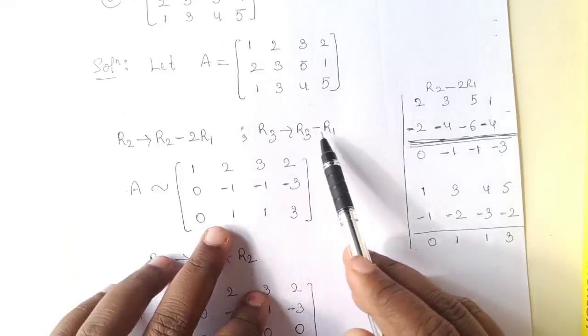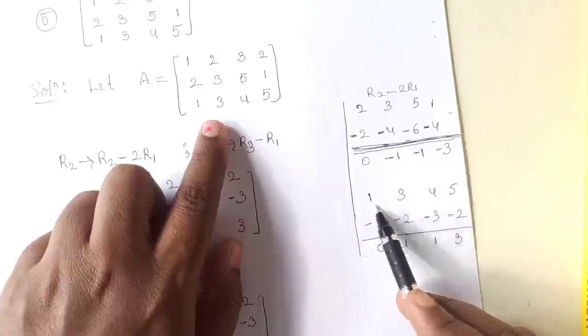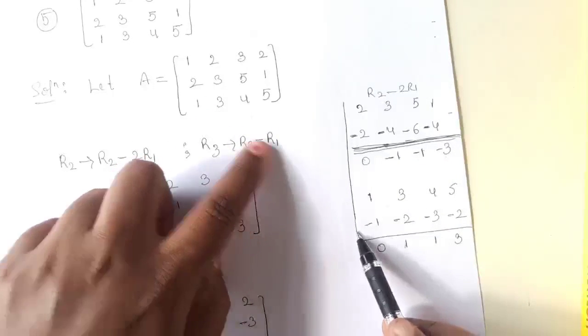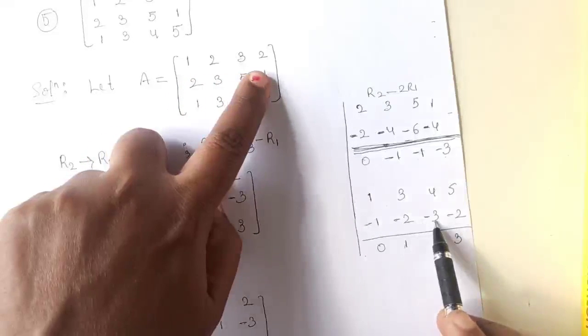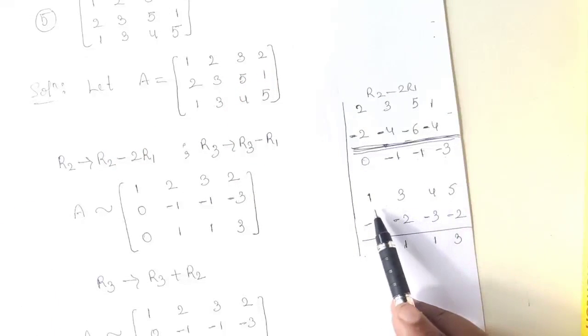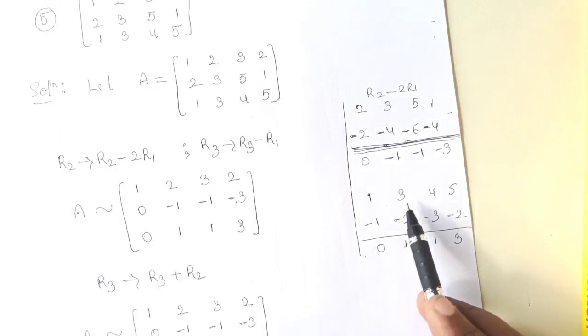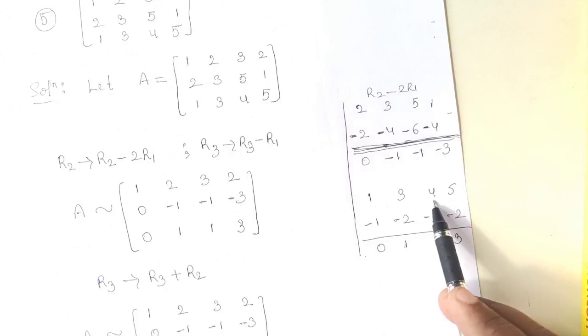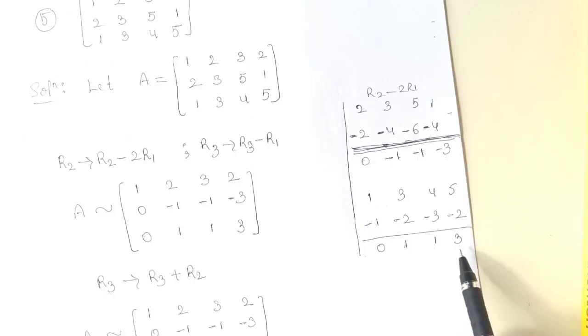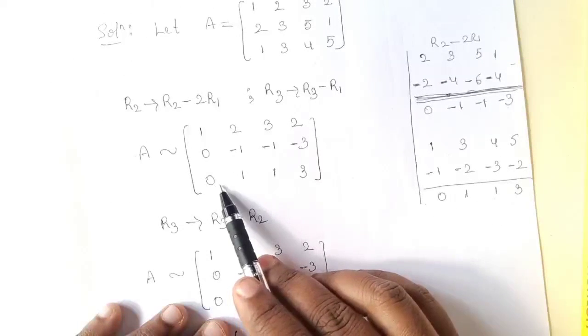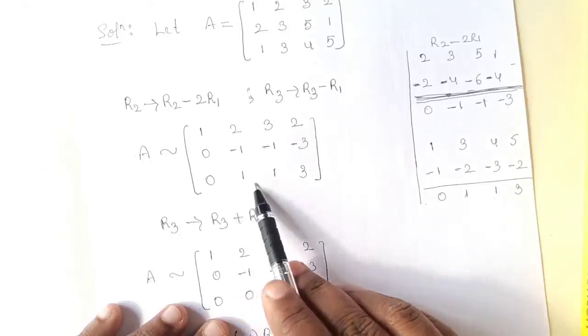Next R3 minus R1. R3 elements are 1 3 4 5, minus R1: minus 1 minus 2 minus 3 minus 2. Simplifying, 1 minus 1 is 0, 3 minus 2 is 1, 4 minus 3 is 1, 5 minus 2 is 3. So the new entries of R3 are 0 1 1 3.